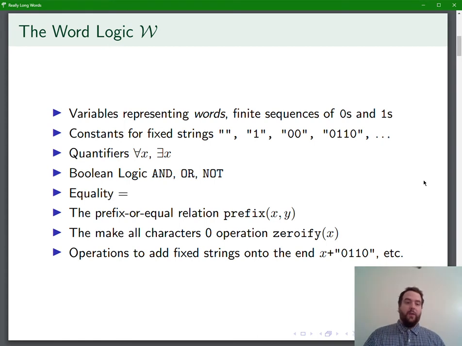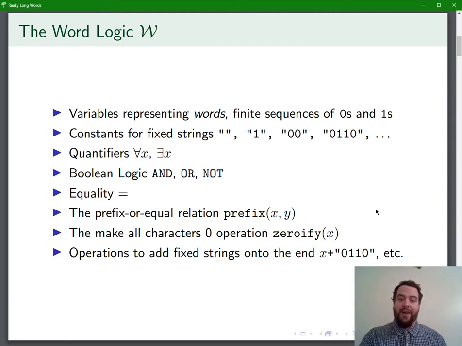And then finally, we have operations to add fixed strings onto the end of a word. Sometimes you'll see plus; in this case, I'm going to use plus to mean word concatenation. We stick one word onto the end of another word. We don't have arbitrary concatenation, right? Given two variables x and y, we can't talk about x plus y.